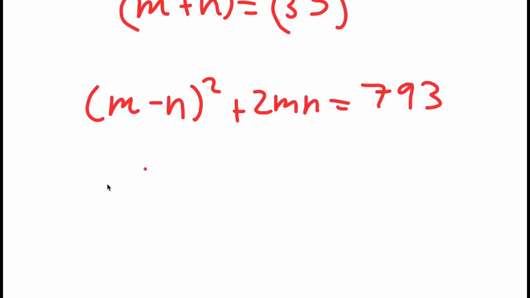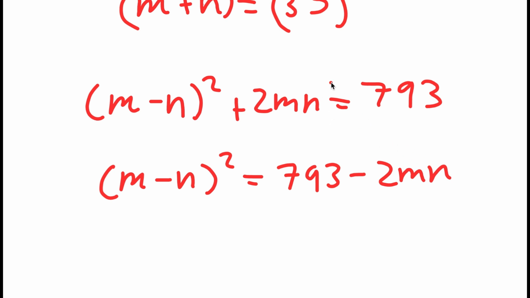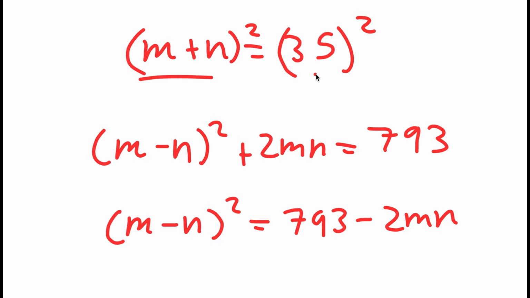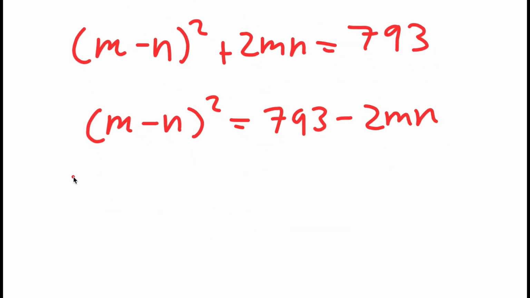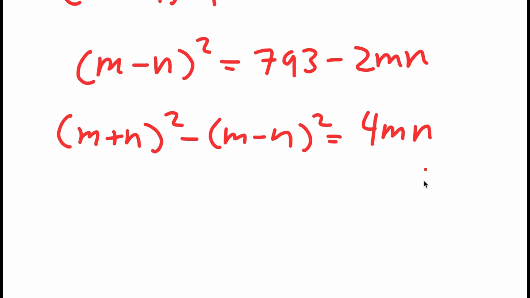So this means that m minus n squared is equal to 793 minus 2mn. And because m plus n squared is equal to 35 squared, this means that m plus n squared minus m minus n squared is going to equal 4 times m times n.